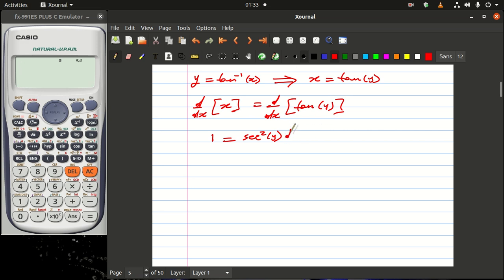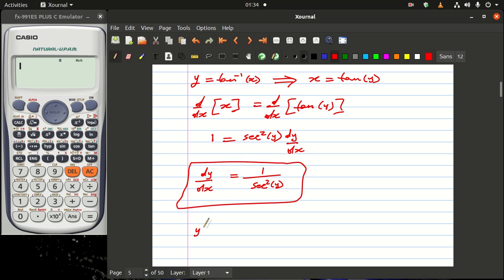So we end up having dy dx. We took the derivative of this, assuming it was x, and ended up getting that. But now we have to take the derivative of the inside, which means dy dx is simply going to be 1 divided by sec squared y. That is actually the derivative. In other words, y prime is equal to 1 over sec squared y. So this is the derivative.